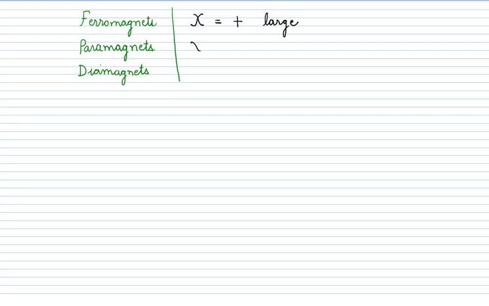For paramagnets, xi will be positive because these are attracted towards the magnetic field, but it is small in comparison to ferromagnets. And diamagnets are not attracted towards the magnetic field, so xi will have a negative and small value. So this is how it is easy to remember: xi for ferromagnets is positive and large, for paramagnets it is positive but small, and for diamagnets it is negative and small.